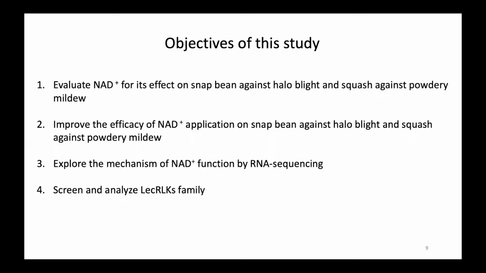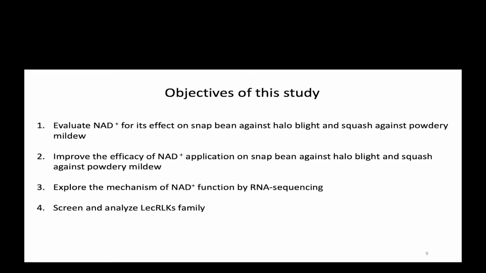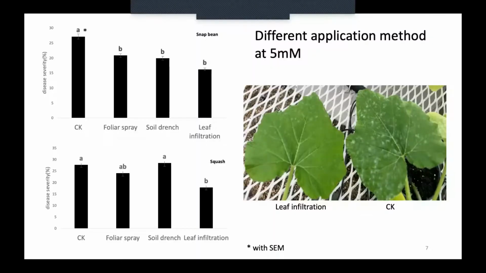Then we also had the extension project about screening and analyzing the RLK family. In the greenhouse, we tested NAD on snap bean and squash plants. The results showed different application methods with 5 millimolar NAD can decrease disease at different levels.